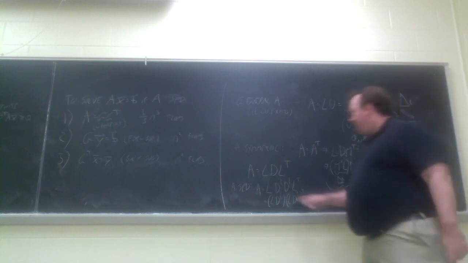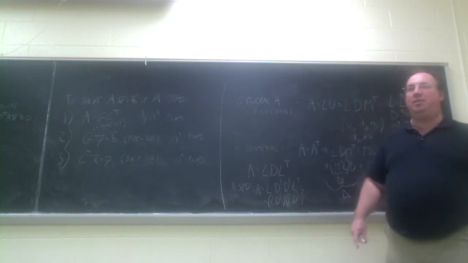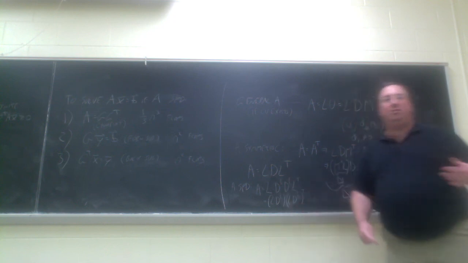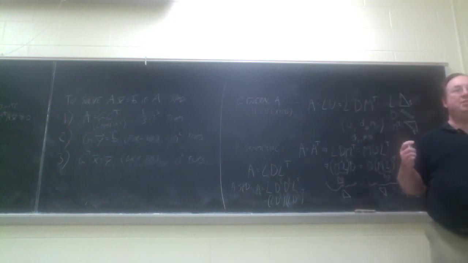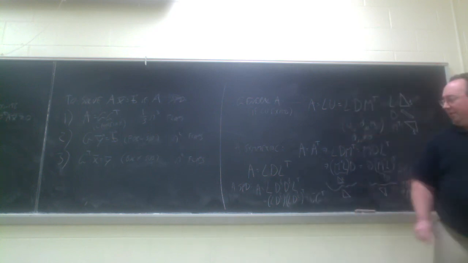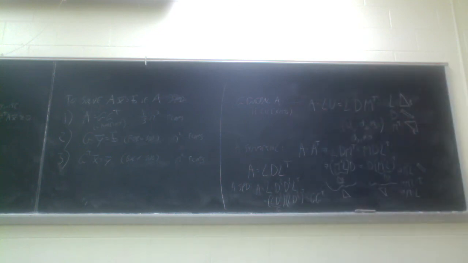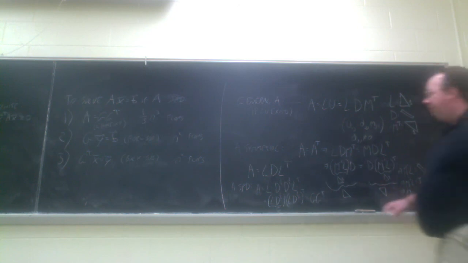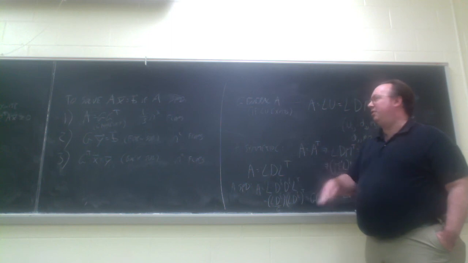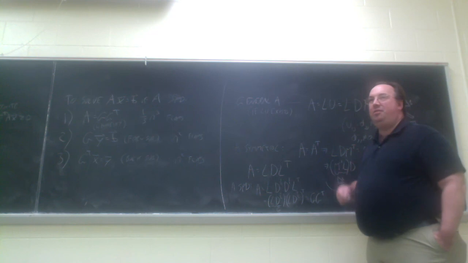But if A is equal to a lower triangular matrix times its own transpose, then L D to the 1/2 is also known as G. That is the Cholesky factor. So if A is symmetric positive definite, you could compute the Cholesky factorization, or you can compute the LDLT factorization and use that instead.